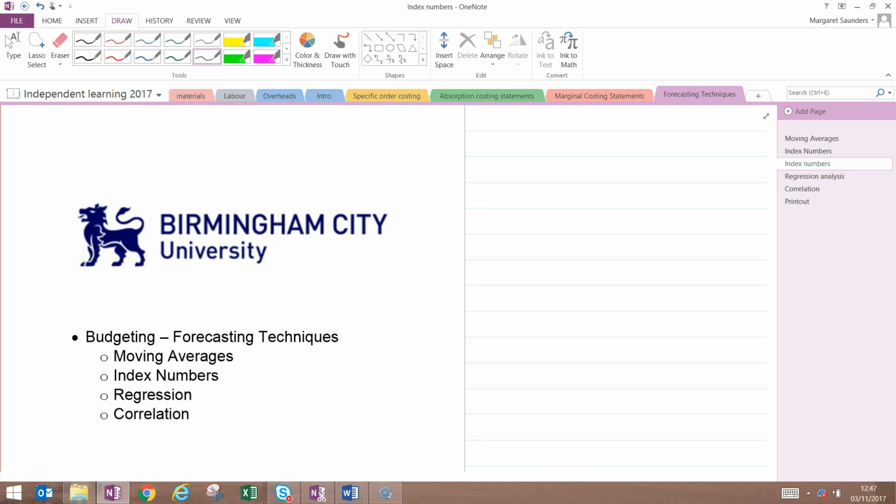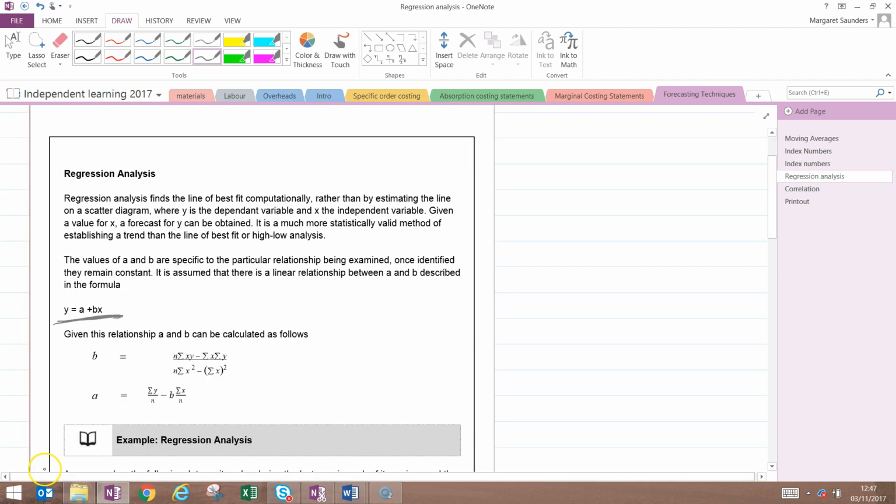Hello and welcome to this recording in which we will look at how we can use regression and correlation for forecasting. Regression analysis is a means of developing a linear model. Regression analysis finds the line of best fit computationally rather than by estimating the line on a scatter diagram.